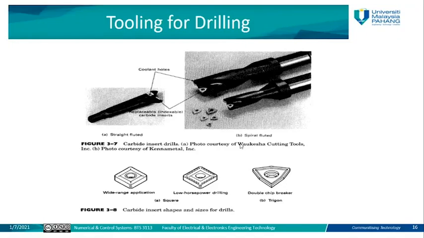So this will help the operator to decide. Also the type of the material that will be used to cut or to drill has an effect on the decision on the type of the tool that will be used for the drilling operation.